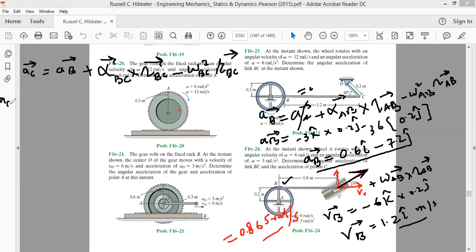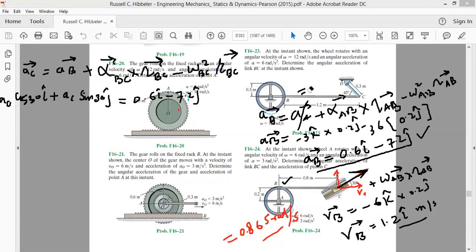So we can write this as AC cos 30 i cap plus AC sin 30 j cap, is equal to acceleration of B. We have calculated the acceleration of B, that is 0.6 i cap minus 7.2 j cap. This is acceleration of B.